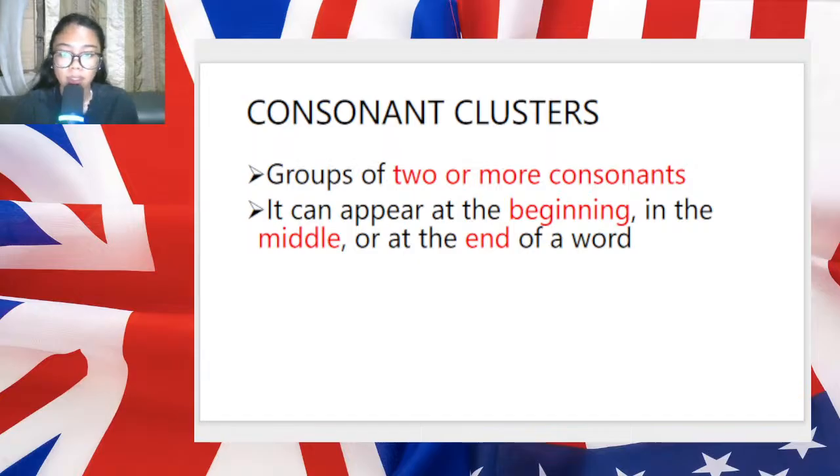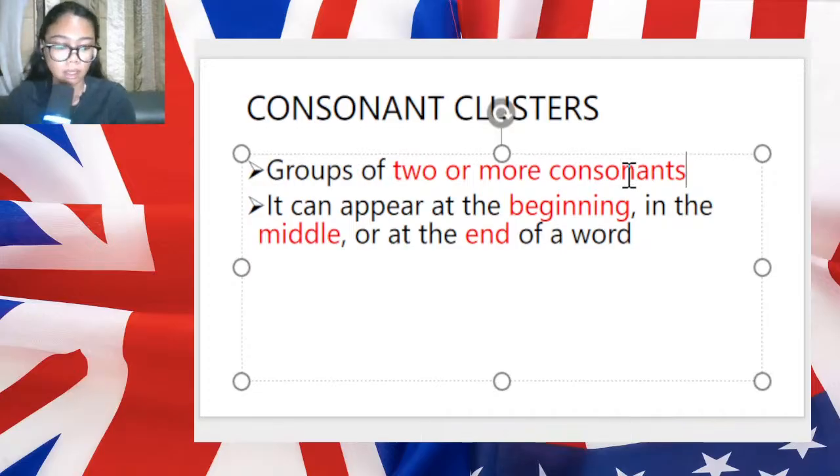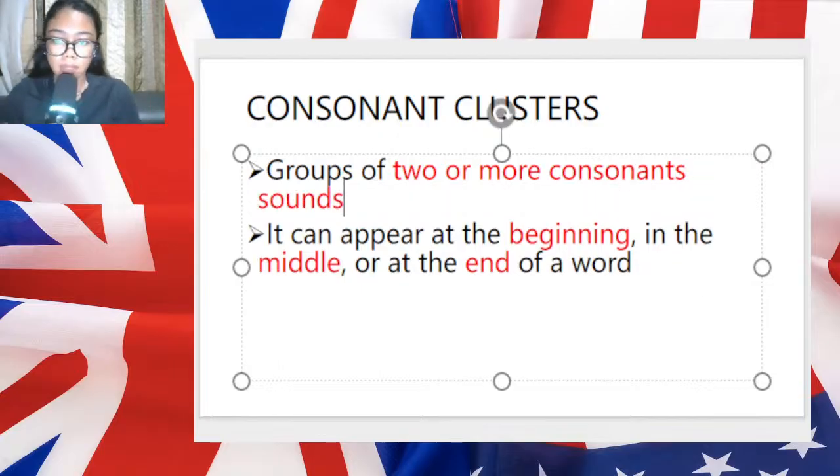I'm going to put "sounds" here, because I forgot to include it and you might get confused and just focus on the letters. We are focusing on consonant sounds. Sometimes the letters might be together but represent a single sound, or one of them might be silent. With clusters, we are focusing on each individual consonant sound being pronounced right next to another.